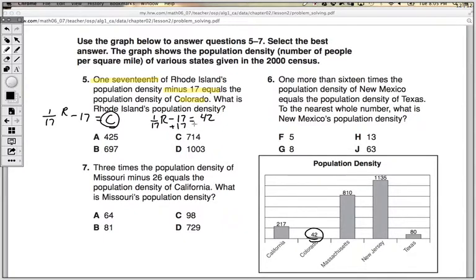So I'm going to add 17 to both sides to make a 0 here. And I got 42 and 17. That makes 59. So 1/17 Rhode Island equals 59. Now I need to make a 1, so I'm going to multiply both sides by 17. See what happens there. 17 over 17 is 1. So R equals 59 times 17.